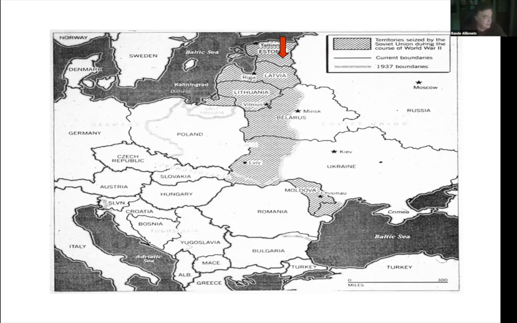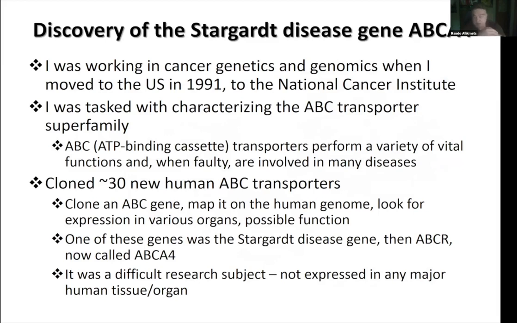And as I said, now I am at Columbia, but when I came to the US, I'm actually a cancer researcher by trade, a cancer geneticist, human genome researcher. So I was not planning at all to work on any eye diseases. But when I arrived at the National Cancer Institute, I was tasked to study the ABC transporter gene family in humans.